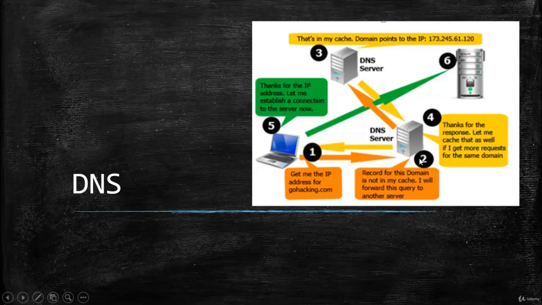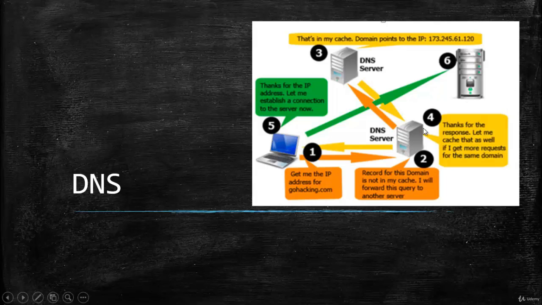So you can see step number 2, the query record for this domain is not in my cache, I will forward this query to another server. So when the client requests a name to IP address from this server, the server has no details for gohacking.com.